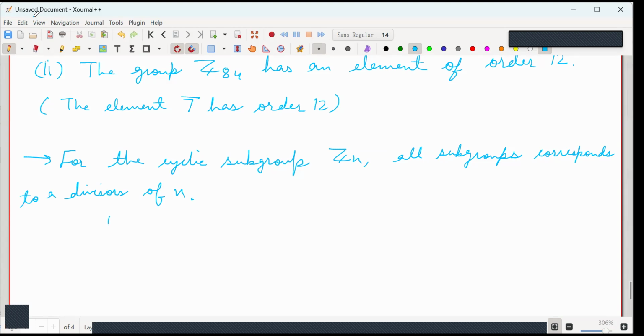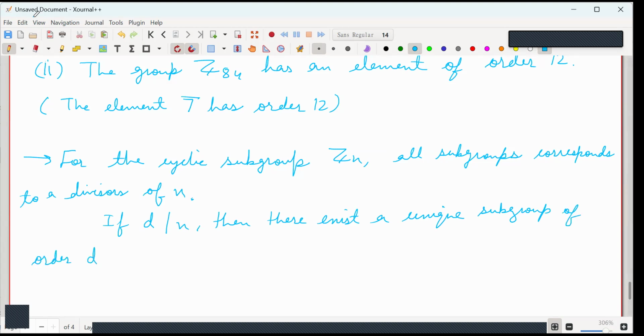And also, if d divides n, then there is a unique subgroup of order d, generated by n by d bar.